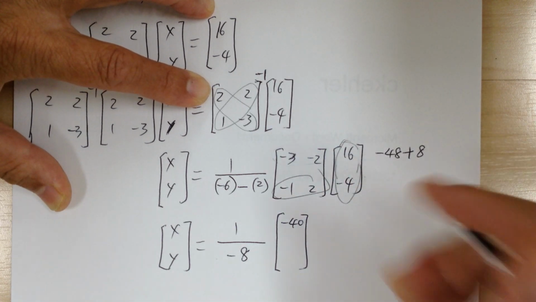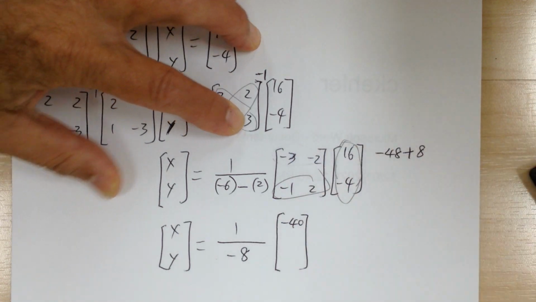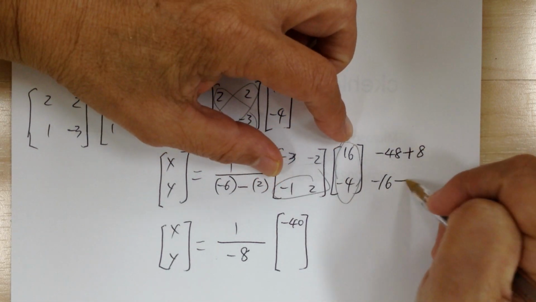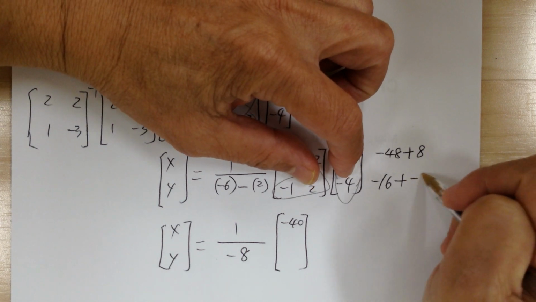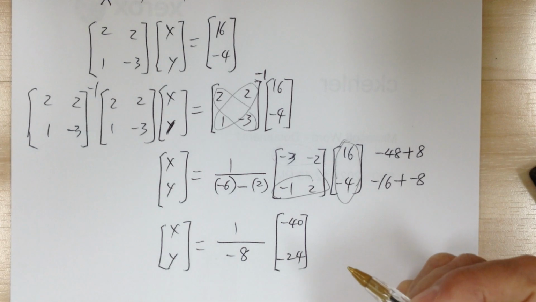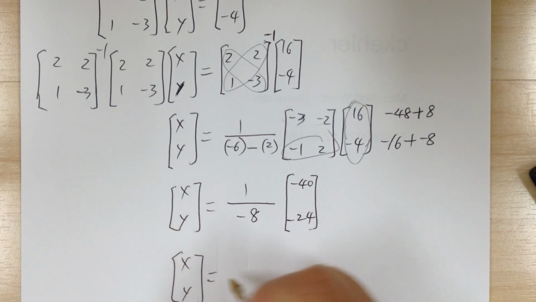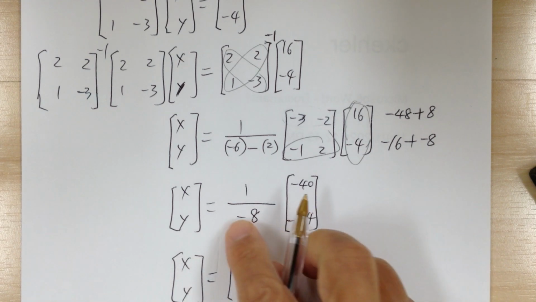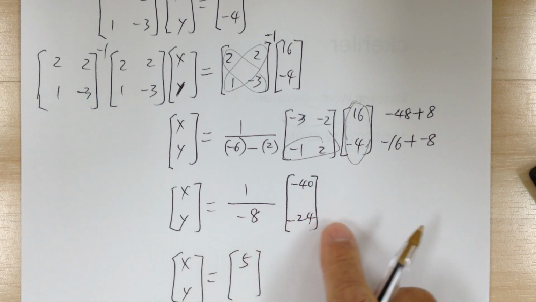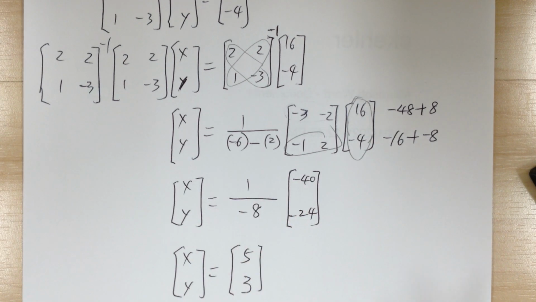Again, first number times first number plus the second number times second number, and this will give me negative 24. Now I can distribute. So this times that, the negatives cancel out, so it gives me a 5. The negatives cancel out, so this over that will give me a 3. So 5, 3. That's the answer.